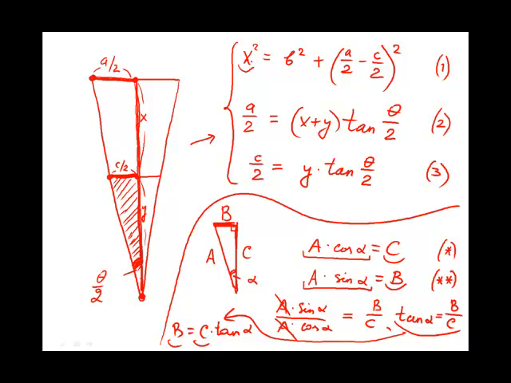Look, what I want to do first is to realize again that x I know. X comes from the first equation. X will be just the square root of what I have on the right hand side. Now, look at equation 2 and equation 3. Equation 2 has in its right hand side the product with this multiplier tangent, and equation 3 also has this tangent as a multiplier. So you know what I want to do?